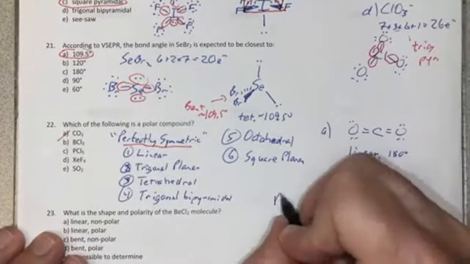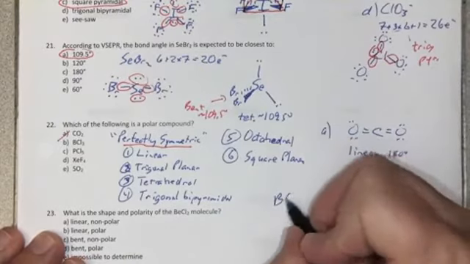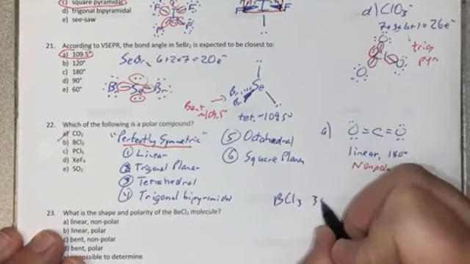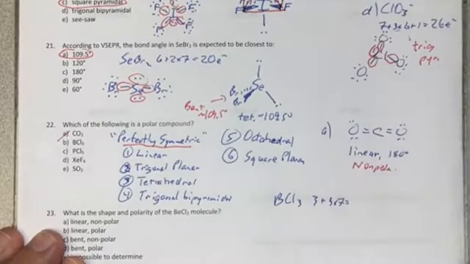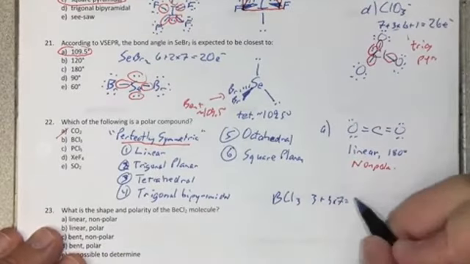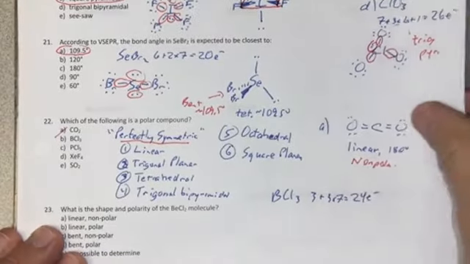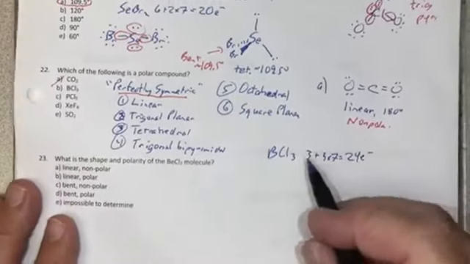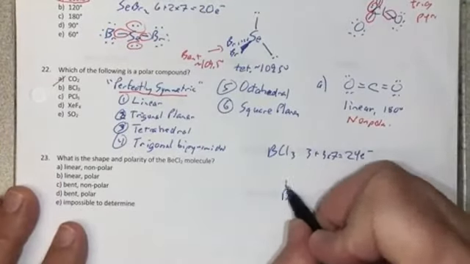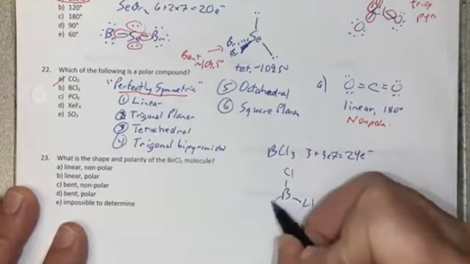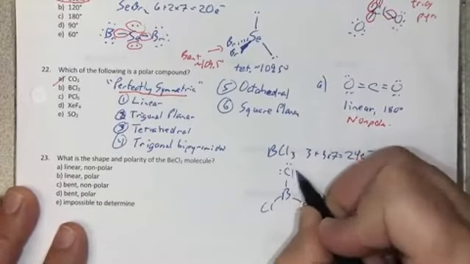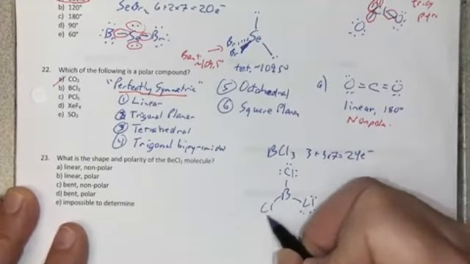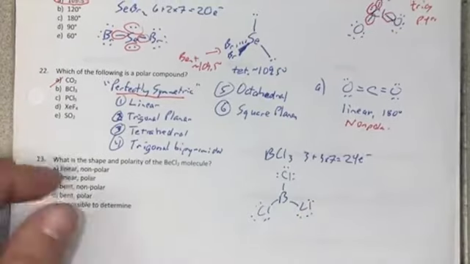Next, boron trichloride, BCl3. Now for BCl3, we have 3 plus 3 times 7 equals 24 electrons. So when we distribute the electrons in boron trichloride, we're going to get 2, 4, 6, 8, 10, 12, 14, 16, 18, 20, 22, 24 electrons.